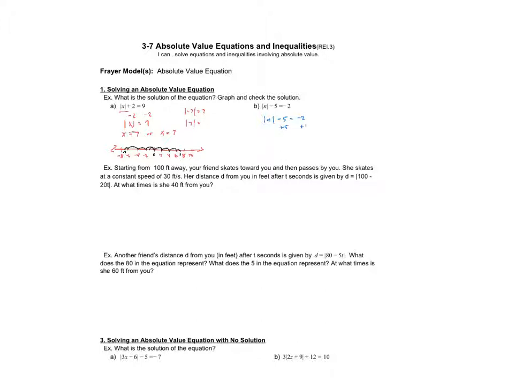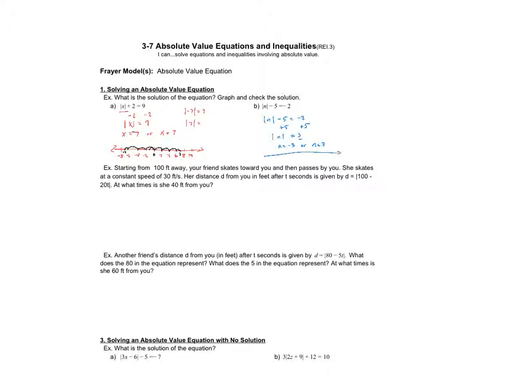Add 5 to both sides, and then we have 3. So the absolute value of n is equal to 3. So we know that n could be negative 3 or n could be 3, because both 3 and negative 3 are 3 units away from 0.